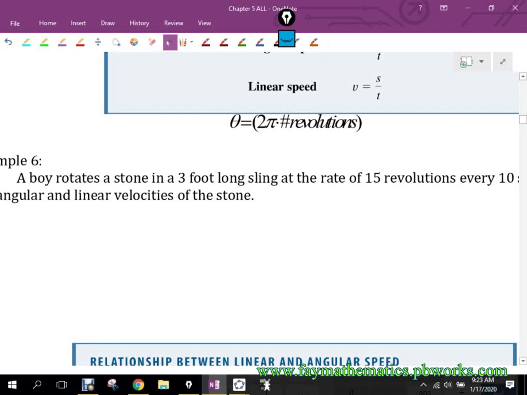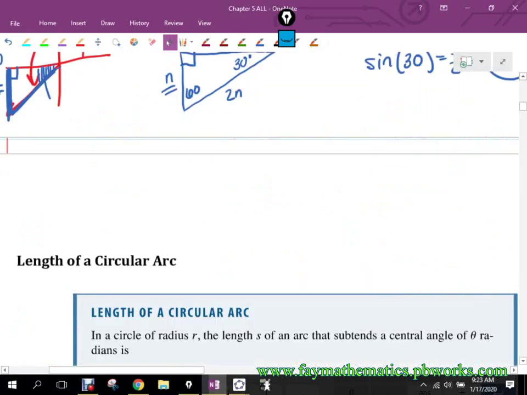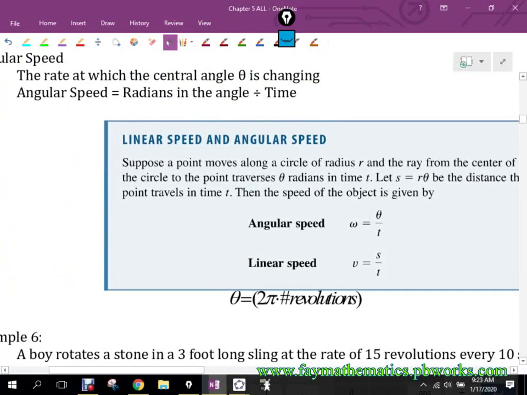We can understand how fast that object's moving. The next one is what we call angular velocity. Think about this. It's still a speed, and from time to time I will jump back and forth between angular speed and angular velocity. Angular speed is what I'm trying to say here.